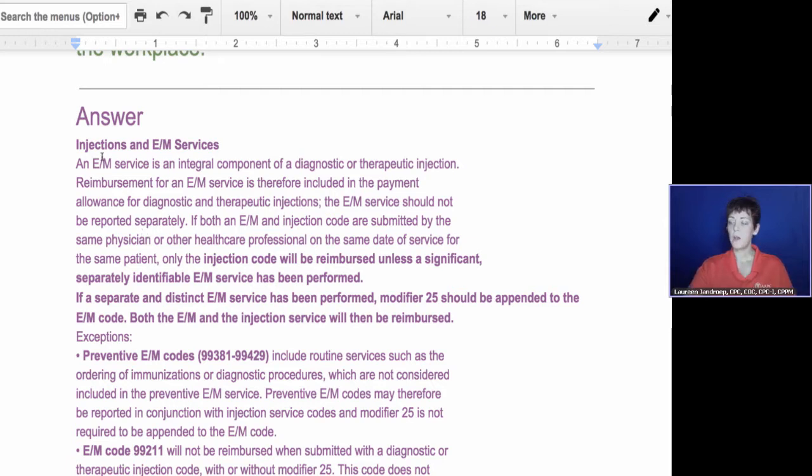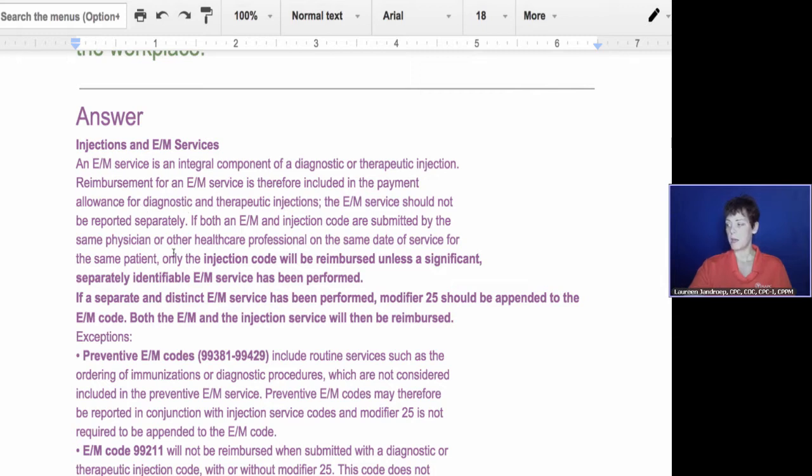So starting off with injections with E&M, this is an area that new coders tend to get a little confused on. So basically an E&M service is an integral component of diagnostic or therapeutic injection. Reimbursement for an E&M service is therefore included in the payment allowance for diagnostic and therapeutic injections.